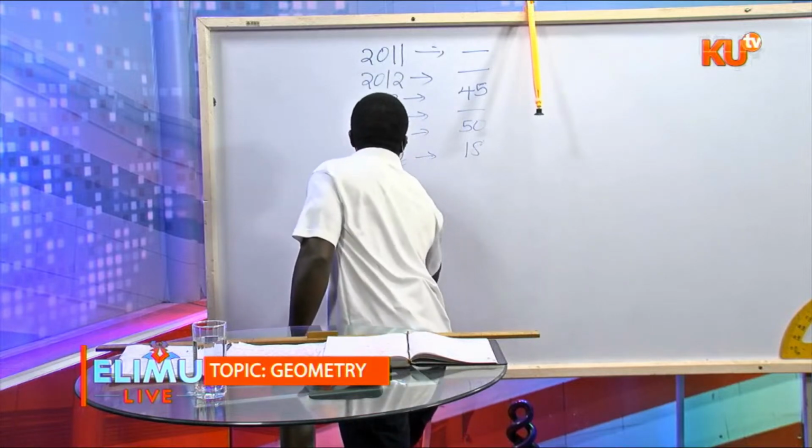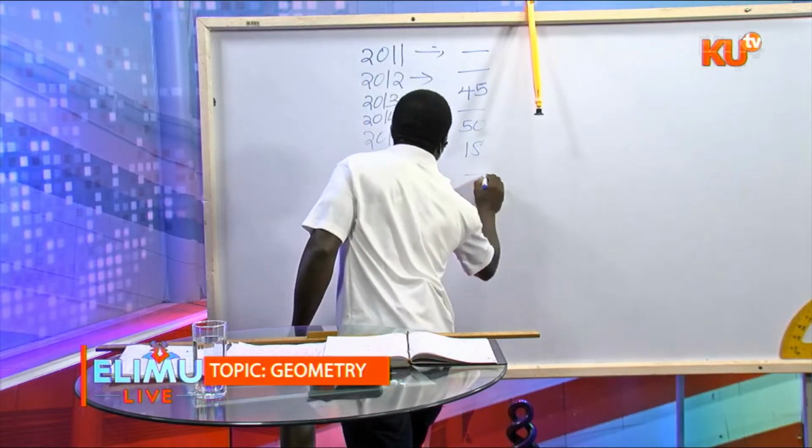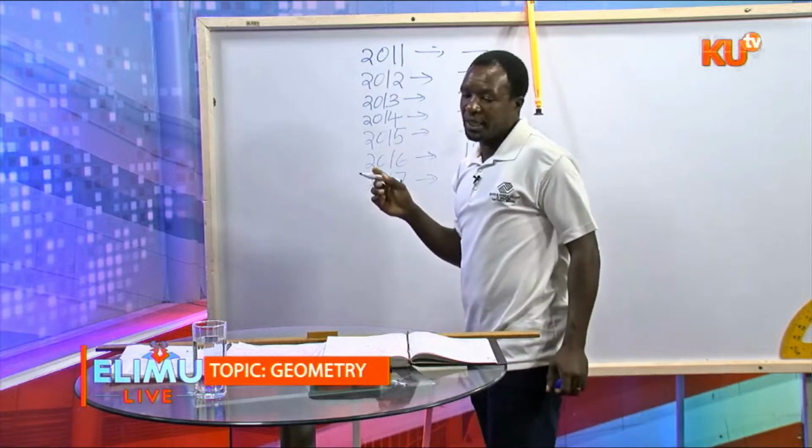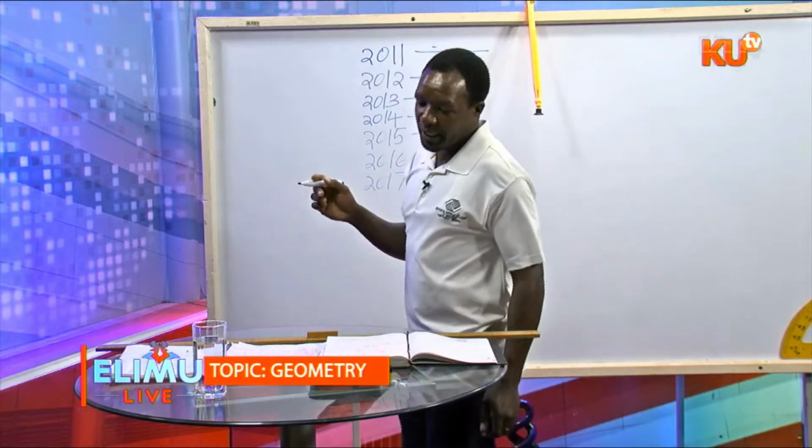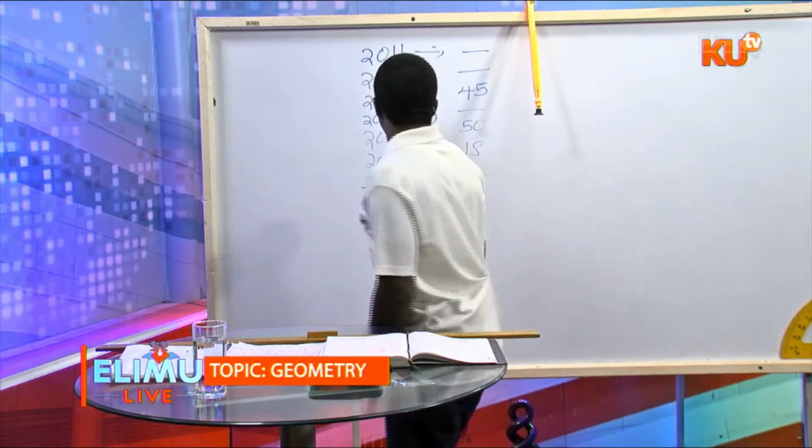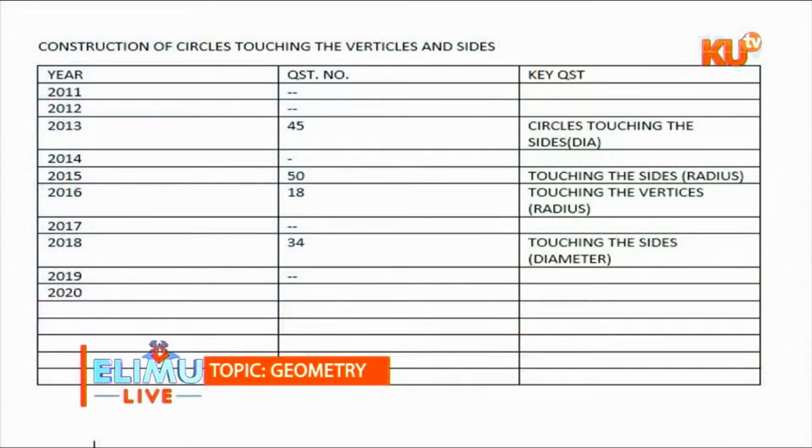In 2017, they did not bring a question on circles touching the vertices or the sides of a triangle. In 2018, there was a question number 34. In 2019, that is last year, they also skipped.